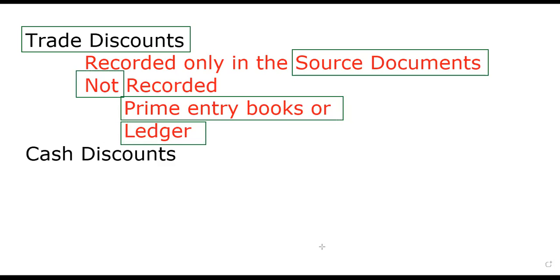But when it comes to cash discount, the story is a little bit different. What is a cash discount? A discount which is given by a business to settle a credit transaction.